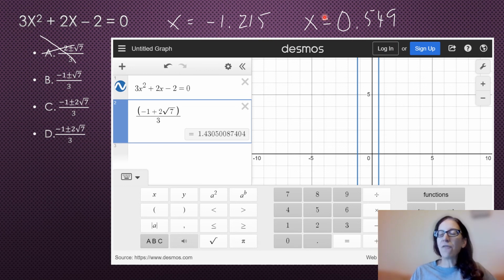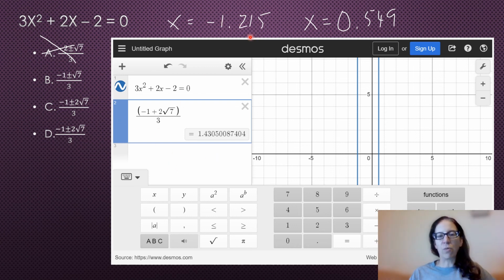Now, it's not enough that only one of them works, because you could have one of them match but not the other one. So I do need to go back in and check the other one. The easiest way to do that is just type in there and change that plus to a minus. And notice what we have here: negative 1.2152 and more stuff.